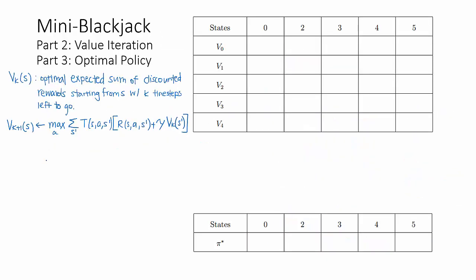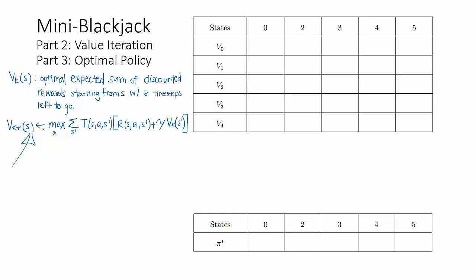For part 2, we're asked to run value iteration to compute the optimal values for each state. The equation for value iteration is posted right here for your reference. The value of a state is the optimal expected sum of discounted rewards acting in the MDP.